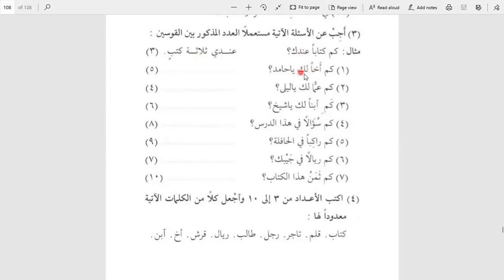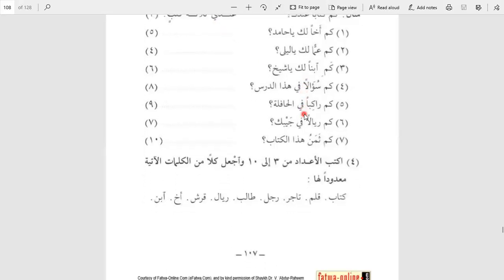And we use laka when referring to humans: kam akhan laka, kam ukhtan laka, kam umman laka. So when you respond, you say li, or lahu, laha, and so on. Because li is for humans, and indi is for non-humans. I hope you get it right.